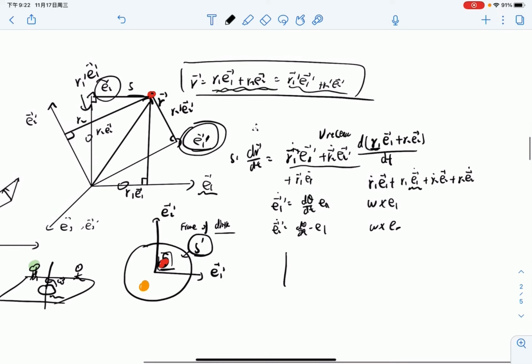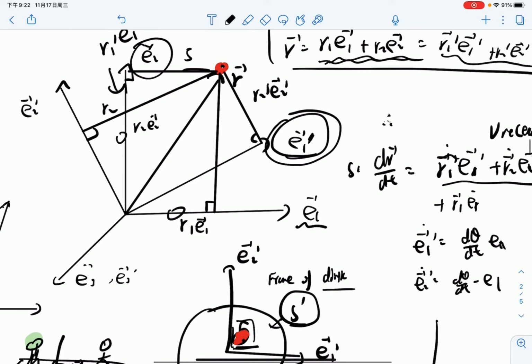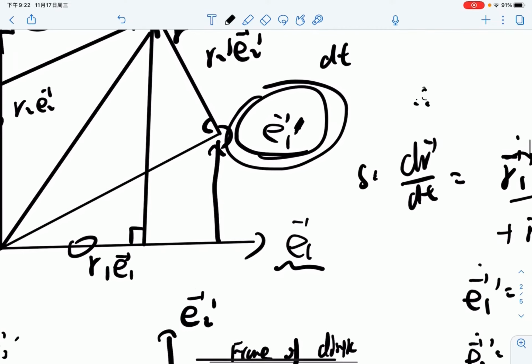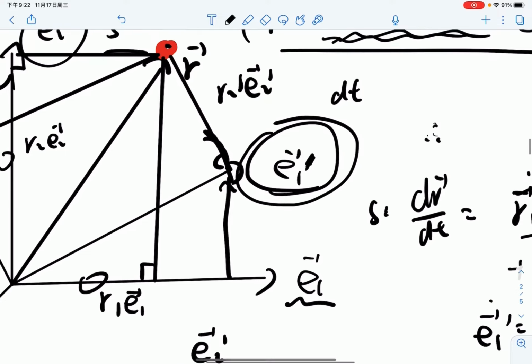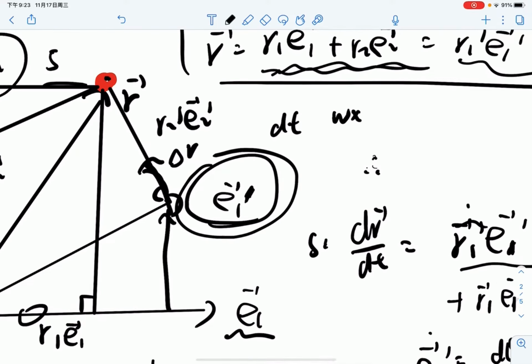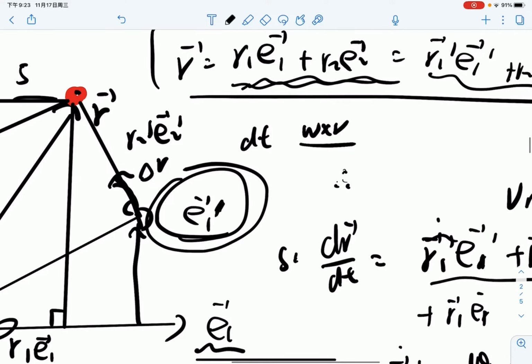For a small change delta t, this delta r is going to be omega cross R, which was discussed in the previous video, and you can check it out.